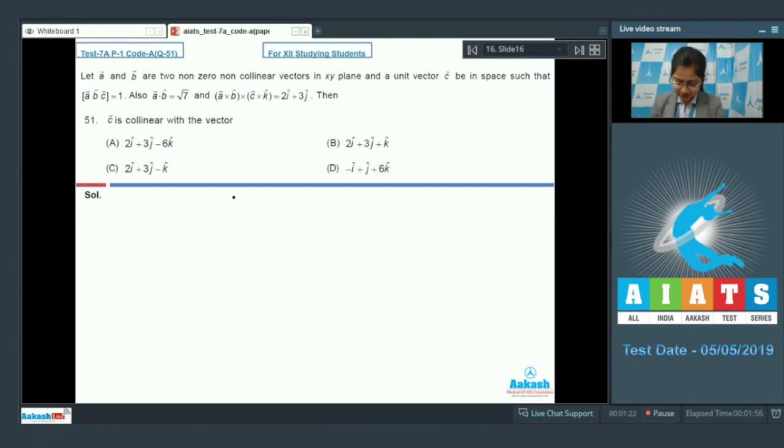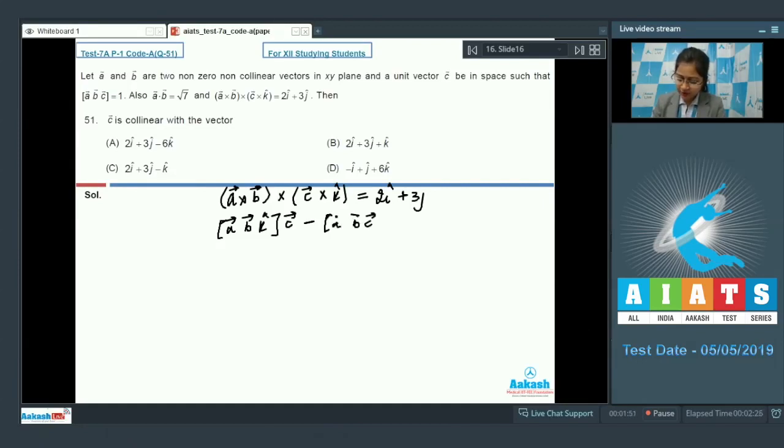Now, here it has been given that (A vector cross B vector) cross (C vector cross K cap) is equal to 2I cap plus 3J cap. Now, this can be written as the scalar product [A, B, K cap] C vector minus [A, B, C] vector dot K cap is equal to 2I cap plus 3J cap.